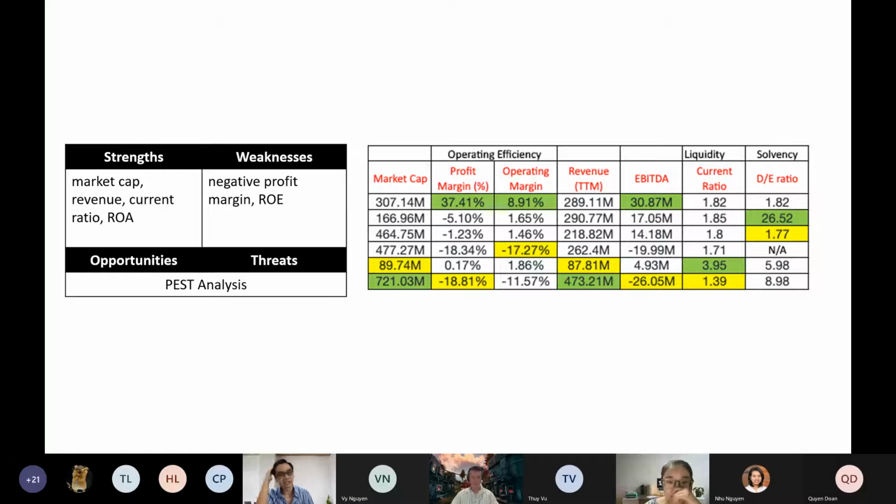How does it affect the industry? But for right now, when we look at the operating margin, we think it's kind of low. The profit margin is kind of low because this is a new industry, so people pay more for the cost, and it results in a negative number. So for this kind of number, we're just going to use it for the strengths and weaknesses.